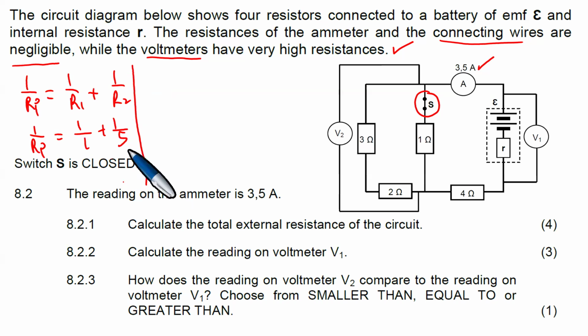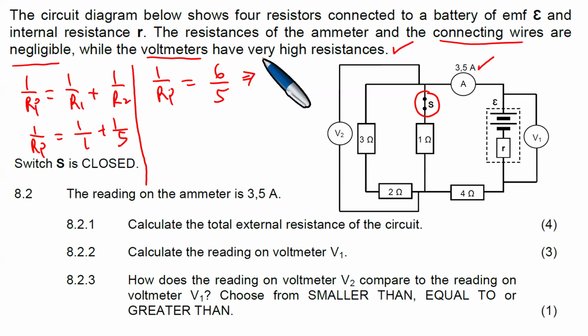Okay. So now, what is 1 plus this? So 1 over R parallel would be, you put the 5 here, then you have 6.